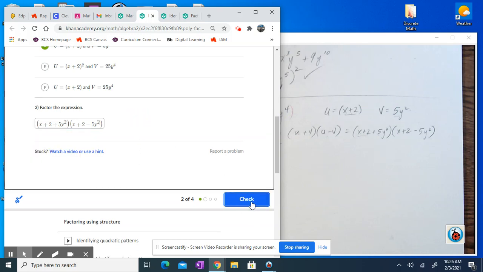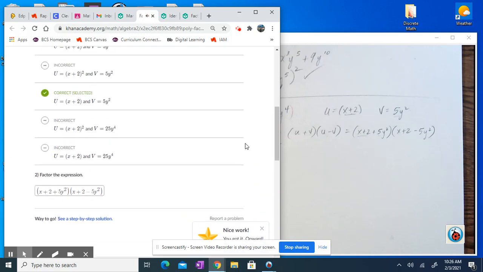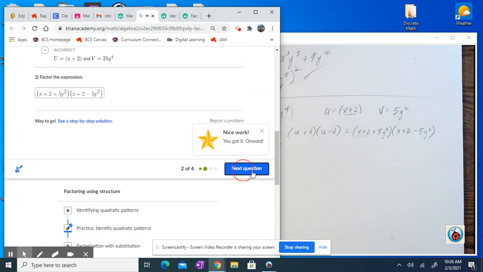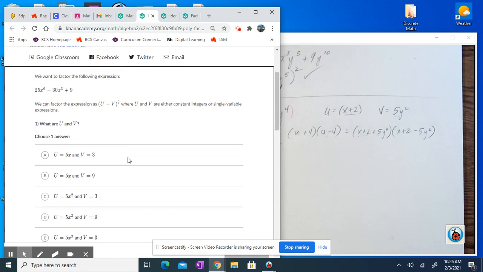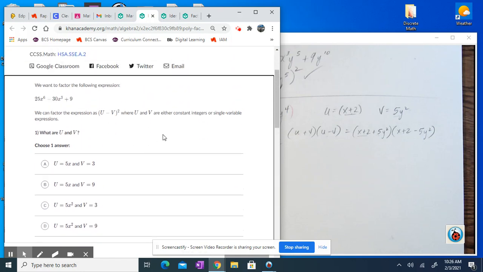That should do it. Okay. All right. And so this time it says we can factor the expression as u minus v squared, which is a perfect square trinomial. I think I'll stop there, and hopefully you got it from here.